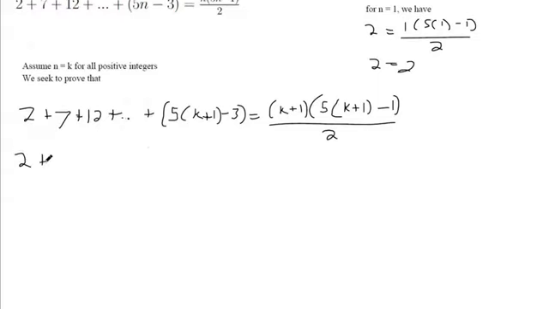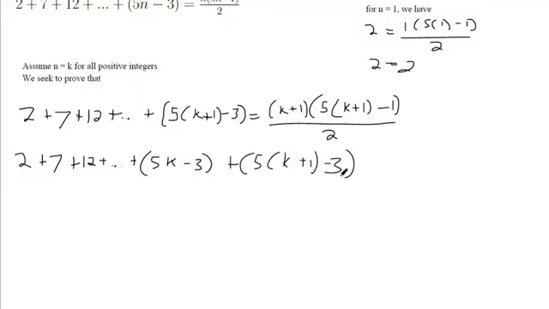This is 2 plus 7 plus 12 plus ... plus 5 times k minus 3 plus 5 times k plus 1 minus 3. So I've taken the left side and I've rewritten it a little bit. In these dots, it depends on how big k is. There could be a ton of terms in here.